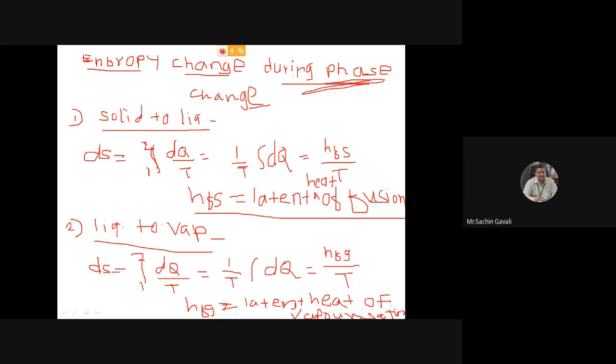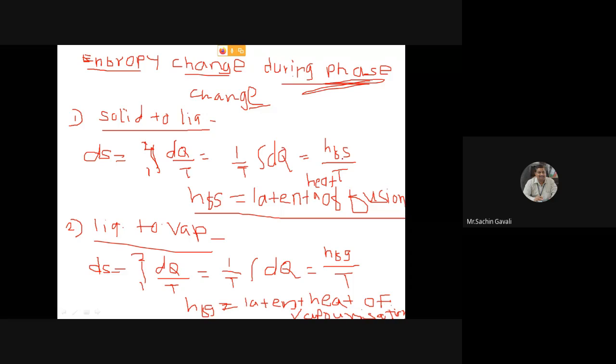Entropy change during a phase change process, or entropy change during change of state. I'll repeat. Solid to liquid, if the phase is changing, ds is equal to hfs divided by T, where T is the temperature at which the solid to liquid phase conversion occurs, in Kelvin.